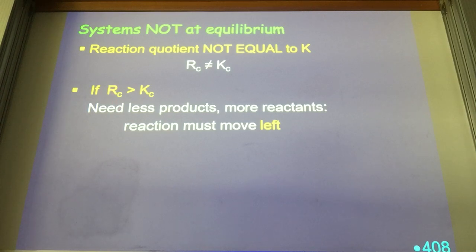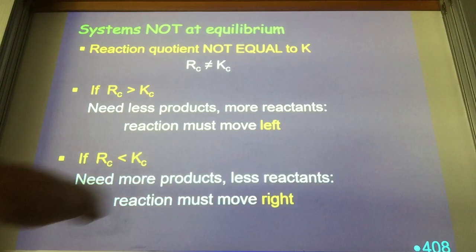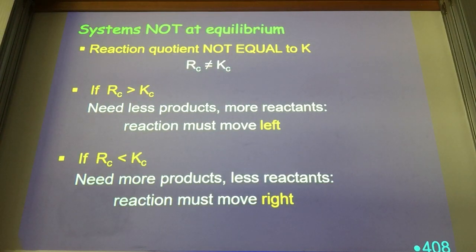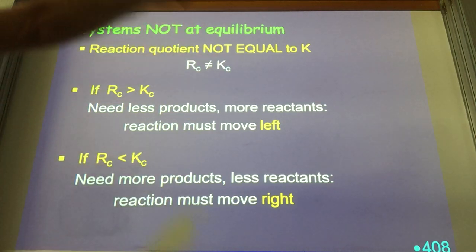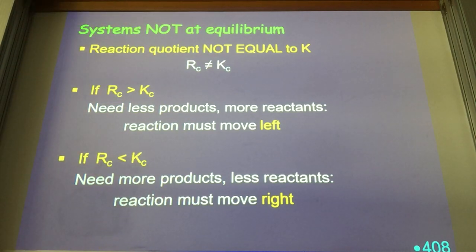If it is greater than the equilibrium constant, you've got too much on the top line, too many products, that means the reaction is going to have to go backwards to reach equilibrium. If it's less than the equilibrium constant, you don't have enough products, you've got too much reactant on the bottom, not enough product on the top, so the reaction is going to have to go forward, move to the right, to reach equilibrium.